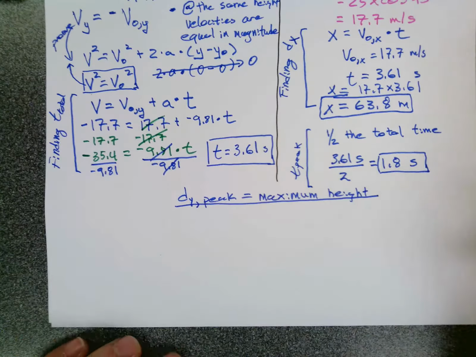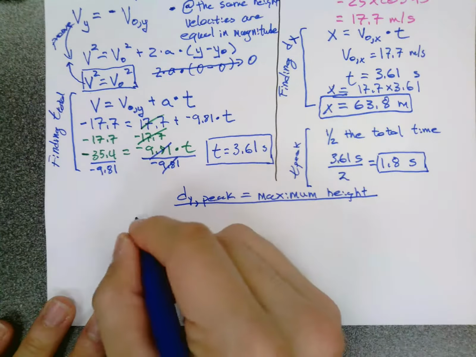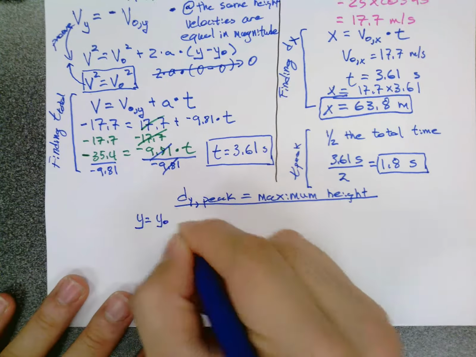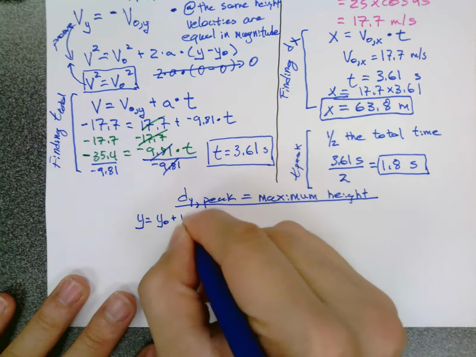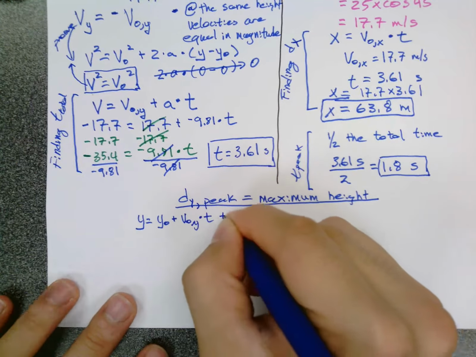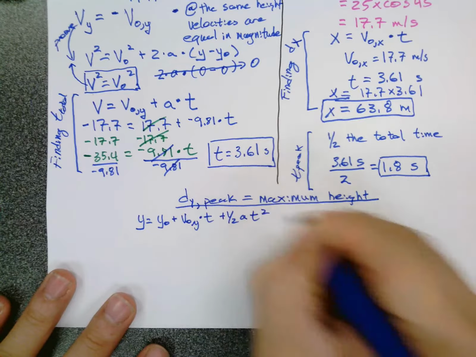And in order to do that, we know that one of the best equations we have is y is equal to the initial position plus the initial velocity in the y direction times time plus 1/2 our acceleration times time squared.